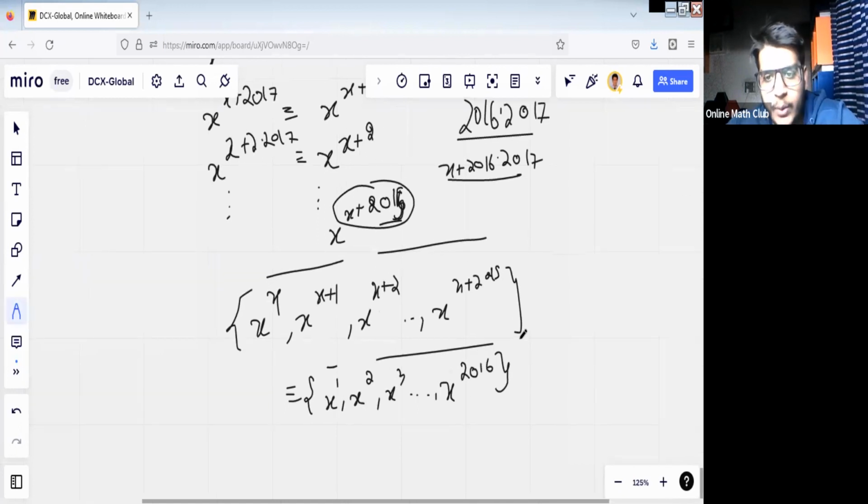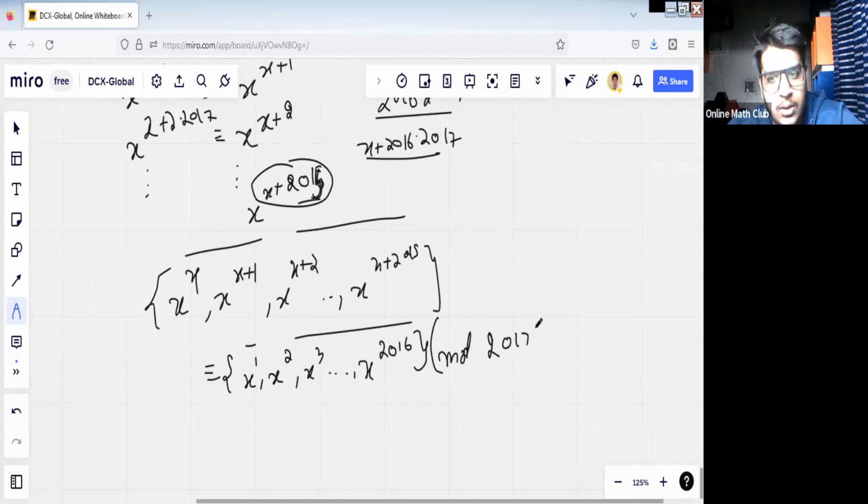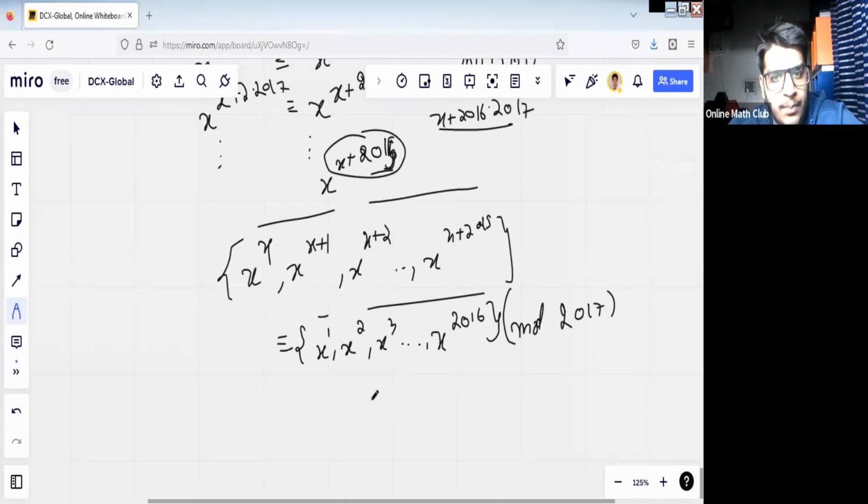Is this clear why this is true mod 2017? Does it make sense? Or do I need to elaborate? I can maybe do it in a better way if you want.